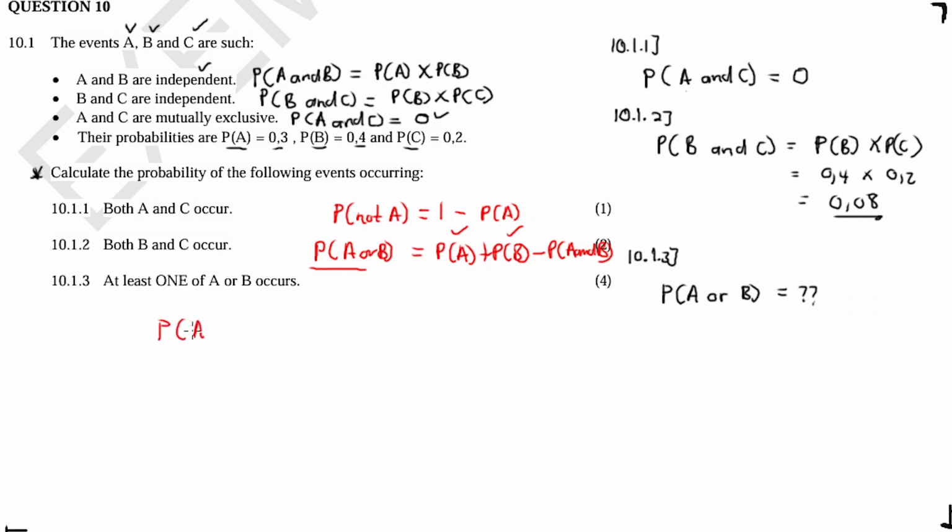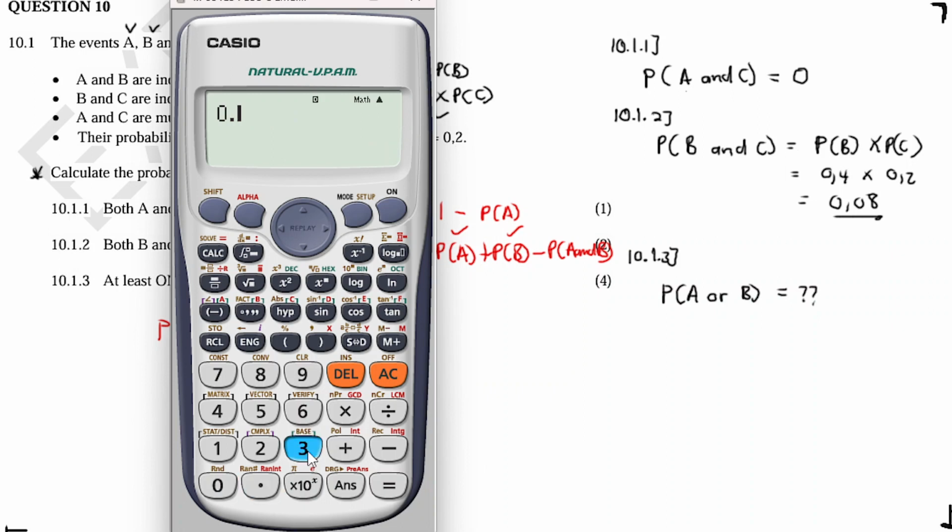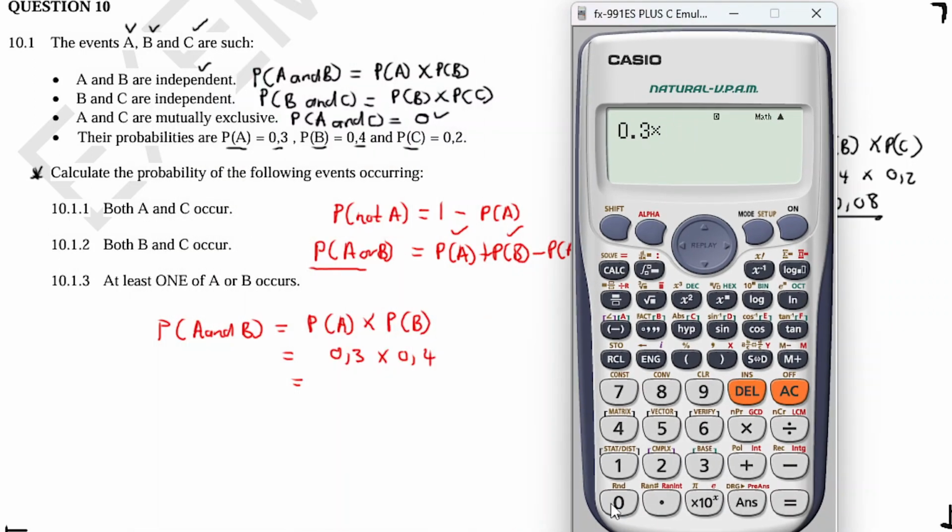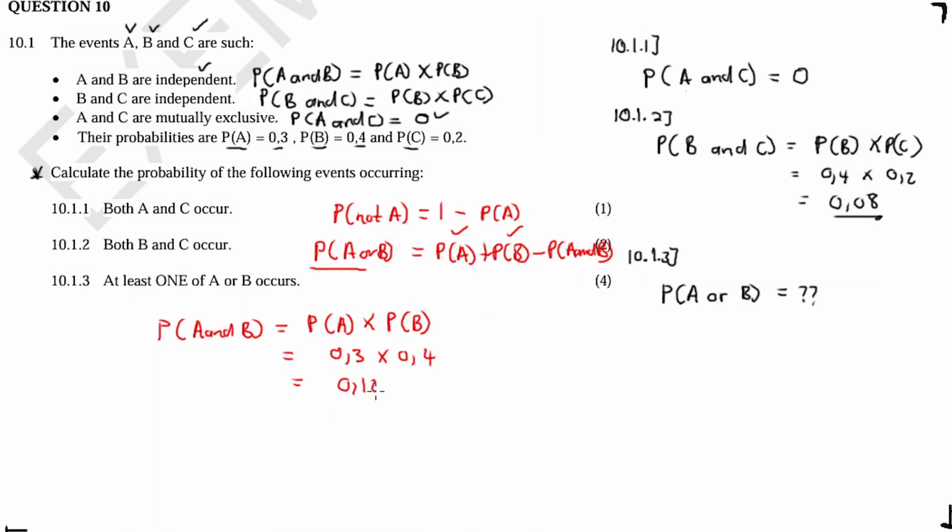The probability of A and B is equal to the probability of A multiplied by the probability of B, which is 0.3 times 0.4. The answer is 0.12.